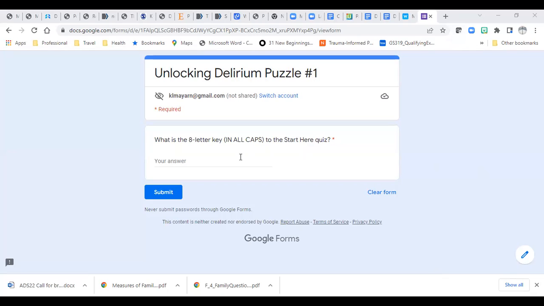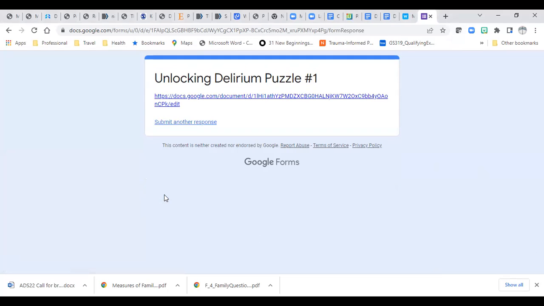And it says, what was that 8-letter key to start the Start Here quiz? And it reminds me, I need to use all caps. So let's see if I was paying attention and I know the answer. And look at that. That was the correct answer. So now I have the link to unlock the next puzzle piece.